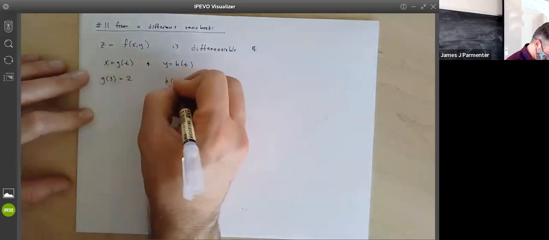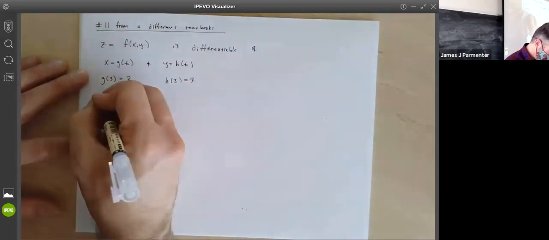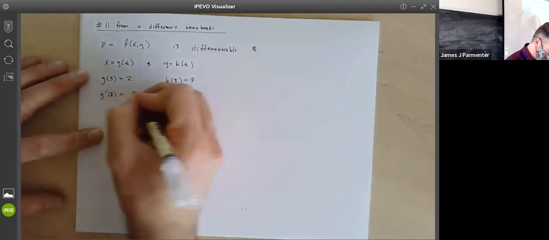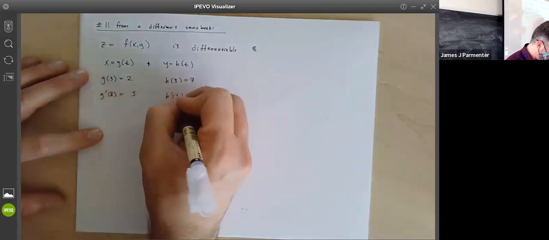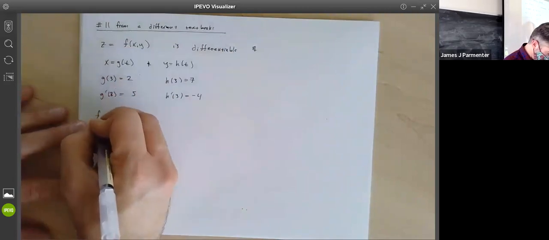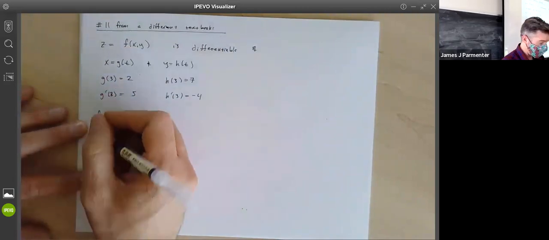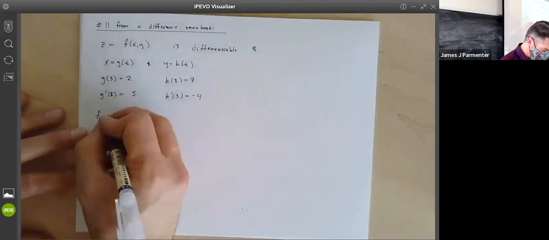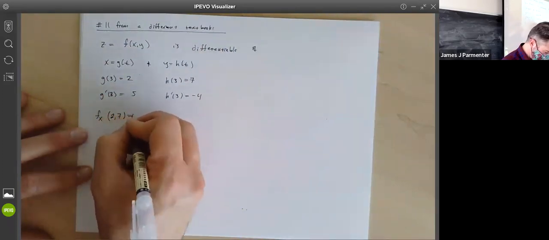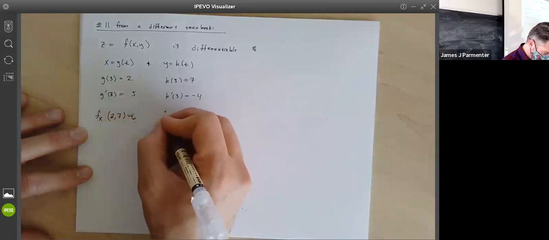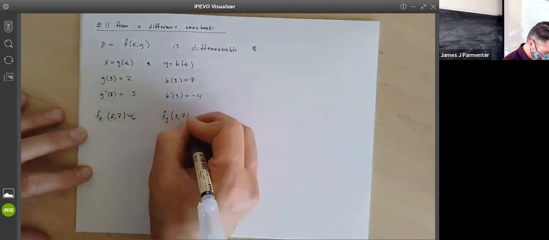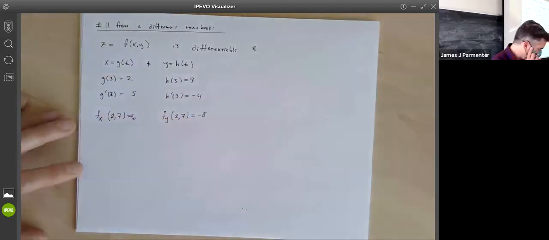H evaluated at 3 is 7. G prime of 3 is 5. H prime of 3 is -4. And finally, the partial of f with respect to x at the point (2, 7) is 6. The partial of f with respect to y at the point (2, 7) is -8.